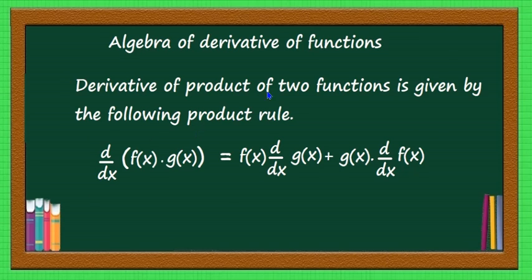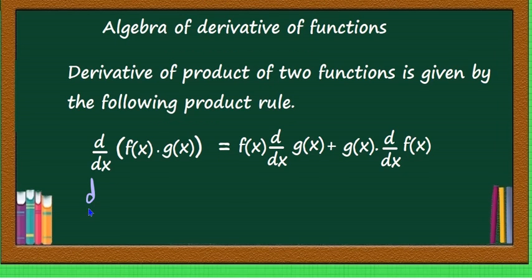When the product of two functions is given, you should apply this rule. For example, I'll find the derivative of the product of two functions, that is d by dx of x into cos x. It is a product of two functions, and you can apply the product rule.